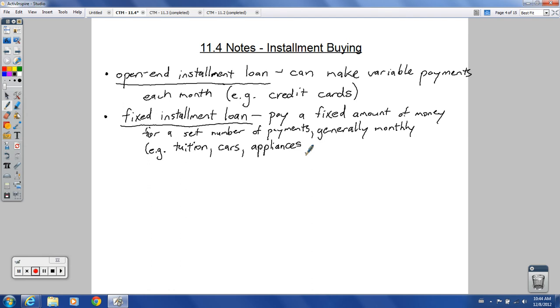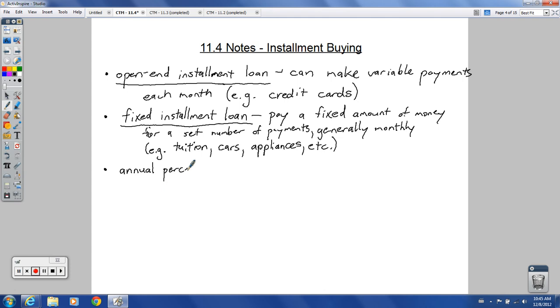You probably do a fixed installment loan. Appliances, some of those big ticket items, you might have to take out a fixed installment loan rather than using a credit card. Hopefully you're not using a credit card for a lot of these purchases unless you can pay those things off right away.